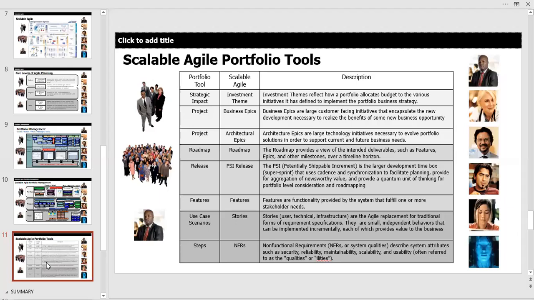In the portfolio management world, they call those projects. So the word project is a little confusing, because what is a project to us at the lowest level, at the staff level, is very different than a project at the highest level.